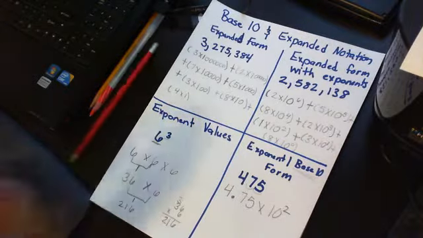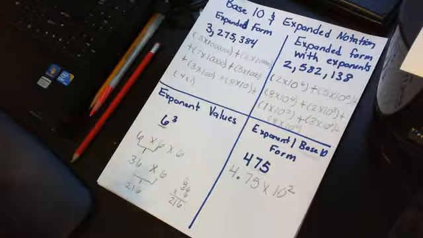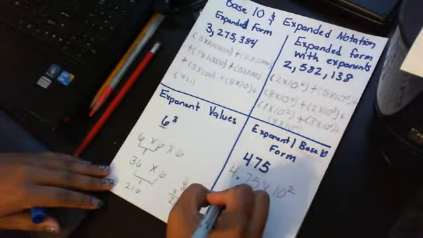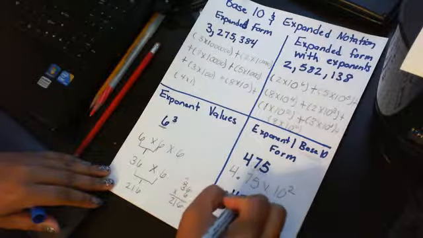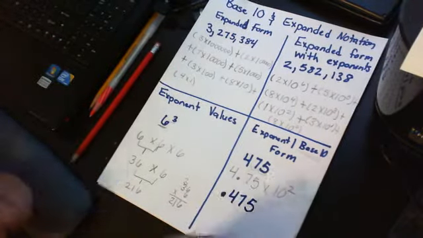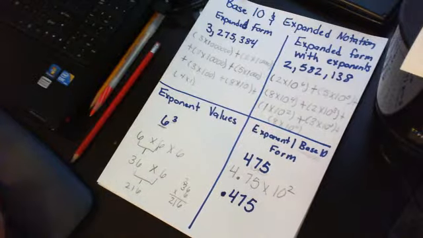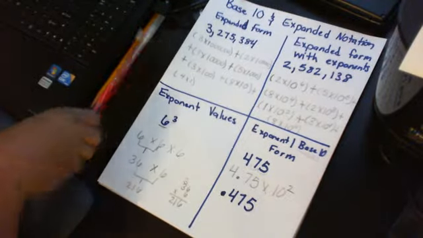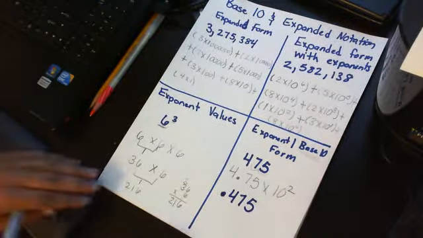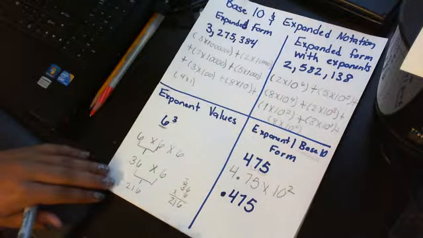Now, let's pretend that our number said 0.475. And Miss Sills says to write it in base 10 form. Well, we can do that too. The same rules follow.